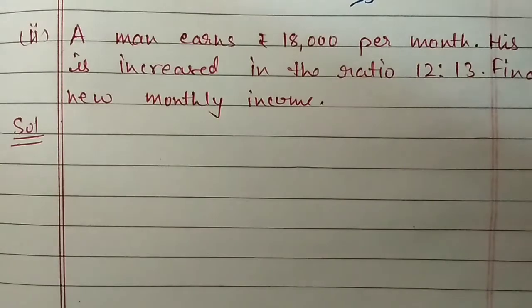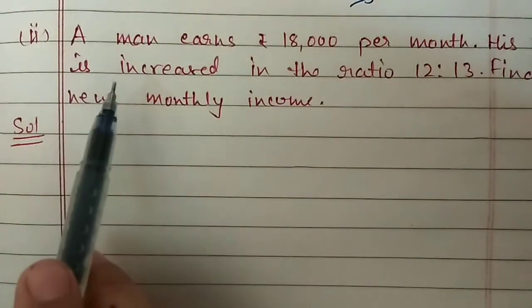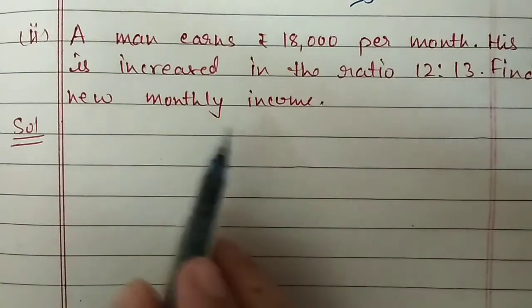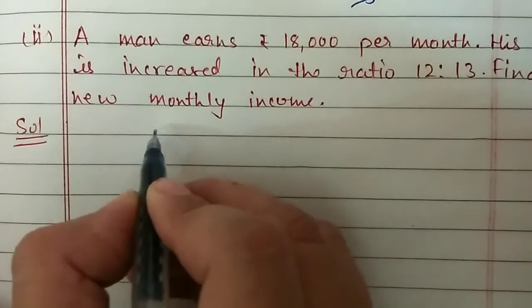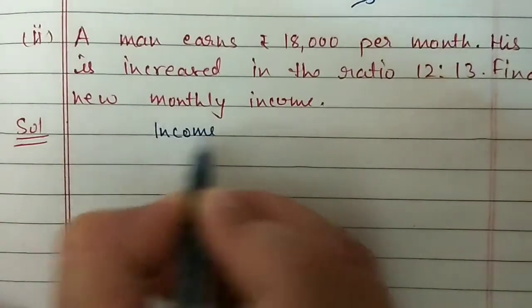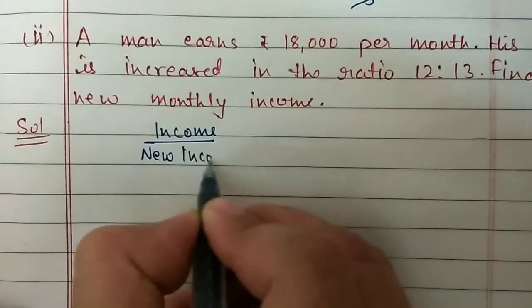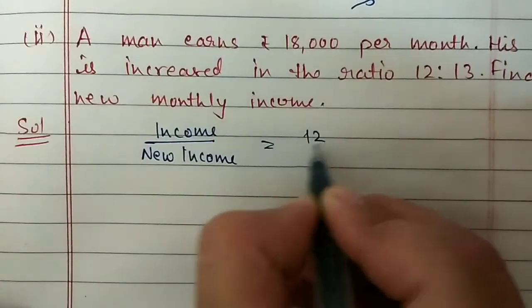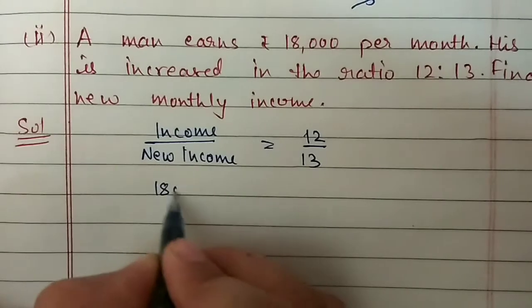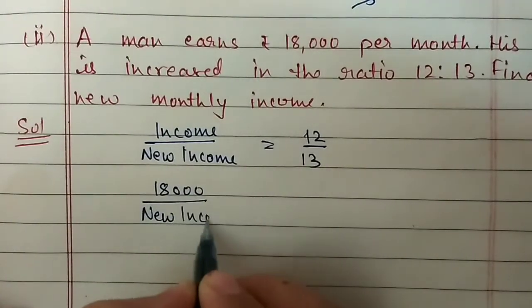Next, second part of the 20th question. A man earns 18,000 per month, and his income is increased in the ratio 12:13. Find the new monthly income. So here the ratio of old income by new income is given as 12:13. Now the old income we know is 18,000 and the new income we have to find out.